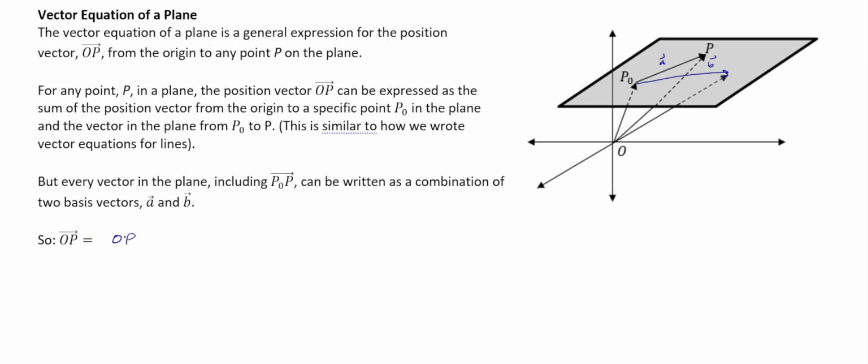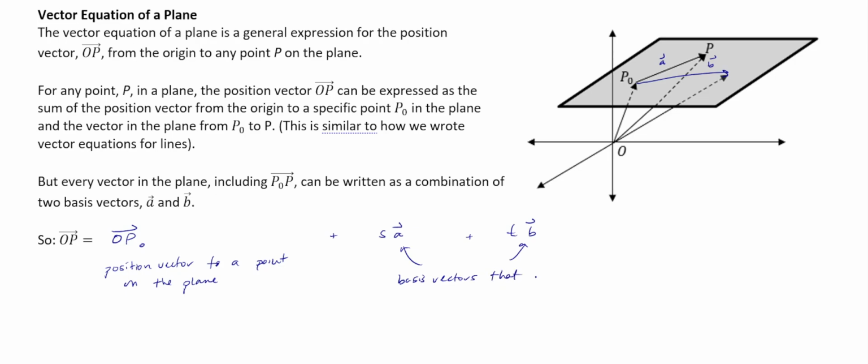So OP is OP naught, which is your position vector to a point on the plane, plus s times A plus t times B, where A and B are your basis vectors that define the plane.